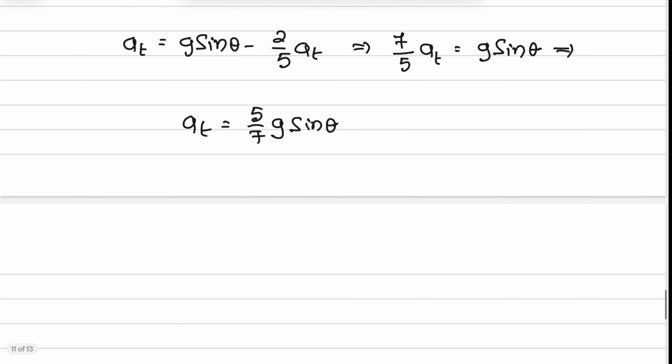Are you able to understand this? This is the solid sphere, and this is mg, this is mg sin theta, this is frictional force F, and the whole system is moving with m At.